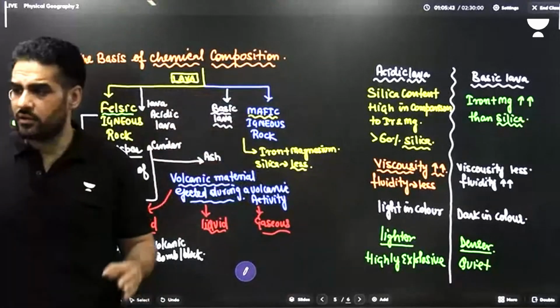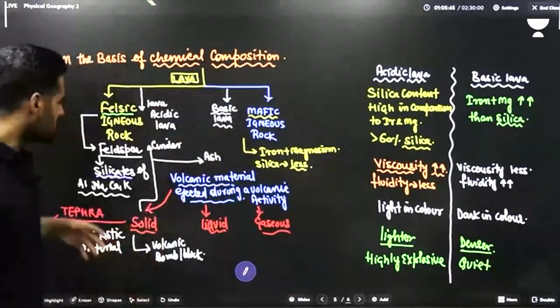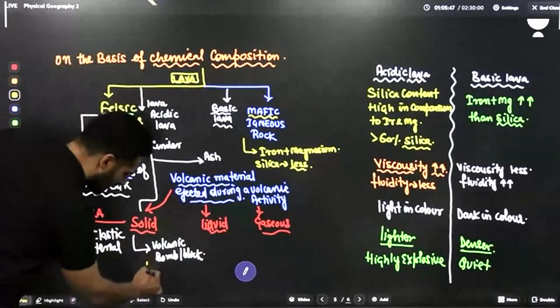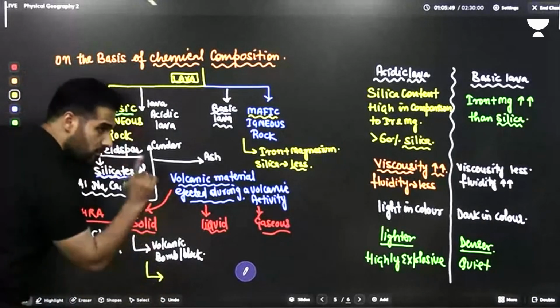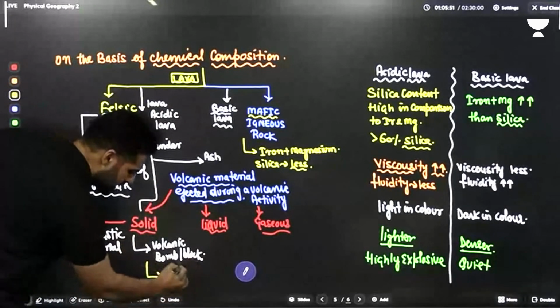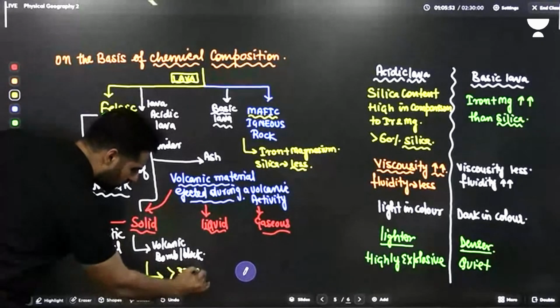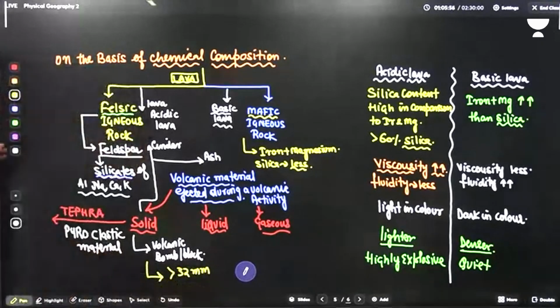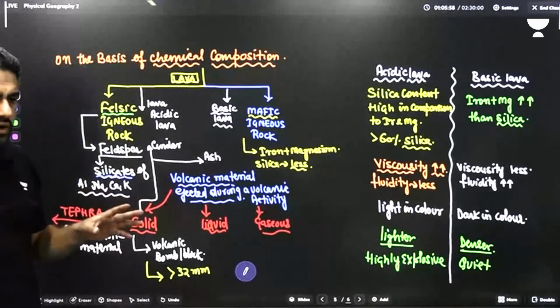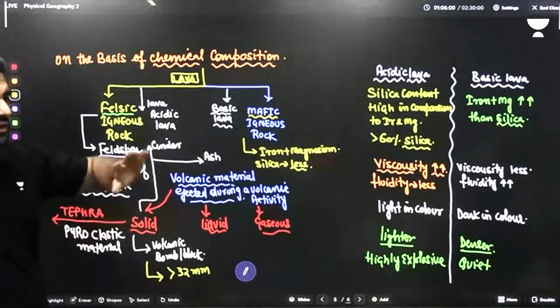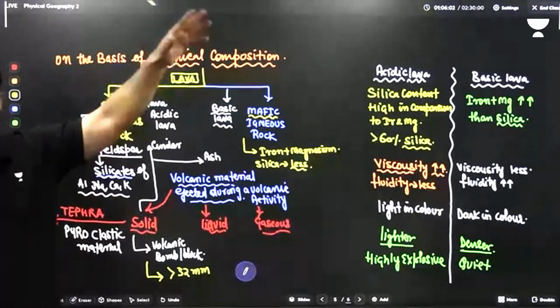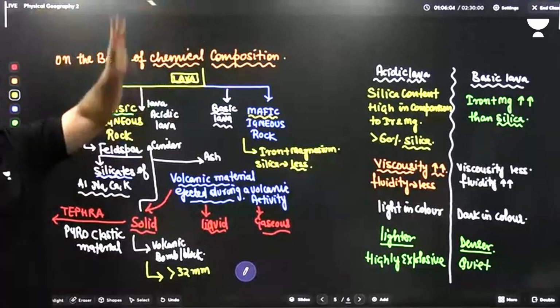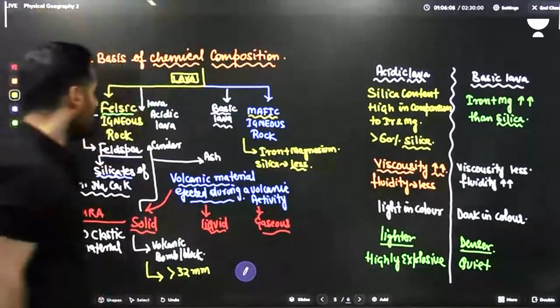Volcanic bomb or volcanic block. So if the diameter of the solid material blown out by the volcano is greater than, ऐसे लिख लो, 32 or 33 mm, what is that called? Volcanic block or volcanic bomb. It means 33, 40, 50, 60, 100, 200, 300, anything more than that.